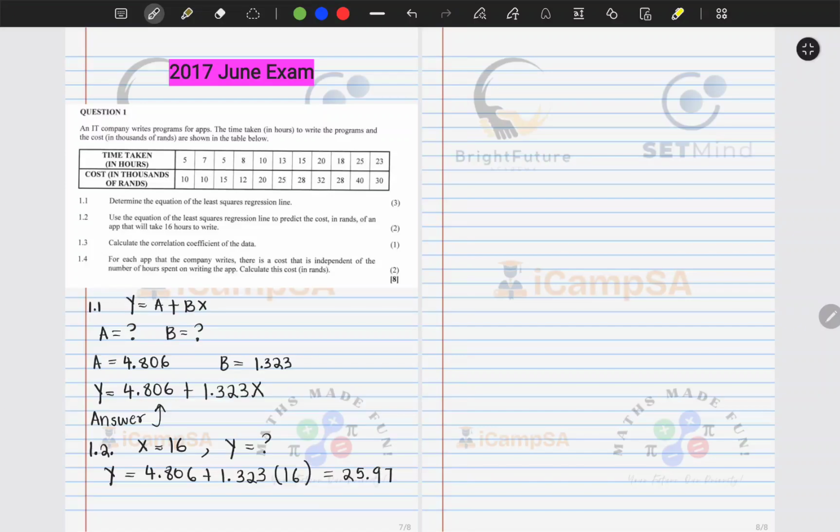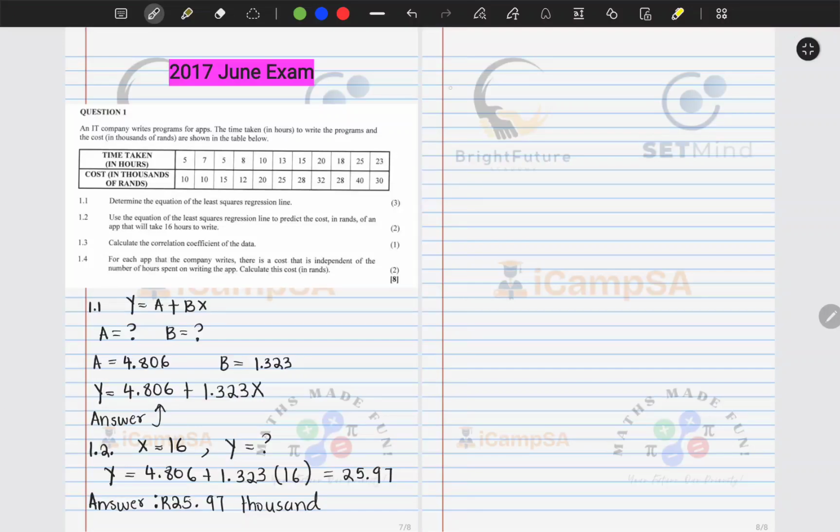What we end up getting is 25.97. Okay, so what this means is we'll have 25.97 thousand rands. So that is what we are going to pay for an application that is going to take 16 hours to develop, according to this equation.